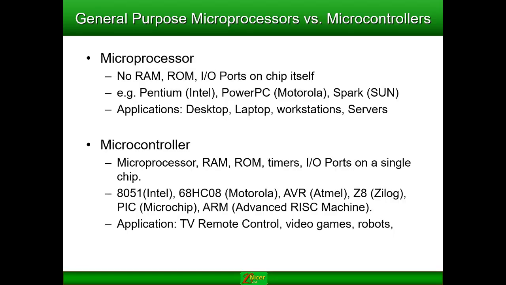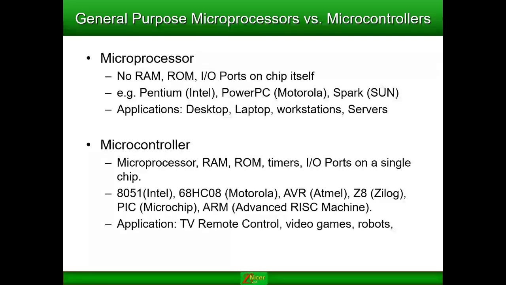Then we have microcontrollers here. These are microprocessors which include RAM, ROM, timers, input outputs on a single chip. So these are very small, but these aren't very powerful compared to microprocessors. But they have all the peripherals and modules on them.